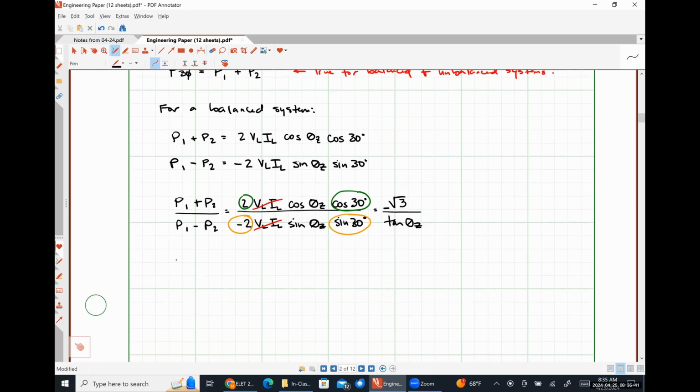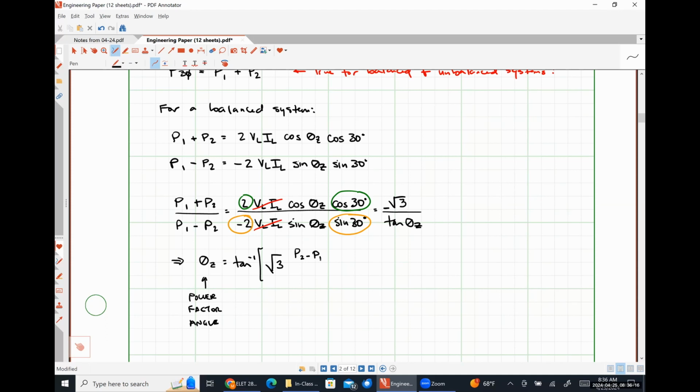So from this, we can simply rearrange and say that theta z, our power factor angle, is the inverse tangent of the square root of 3 times P2 minus P1. So I changed the order there.